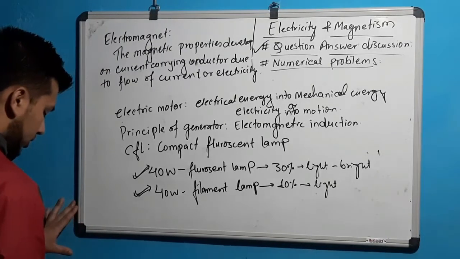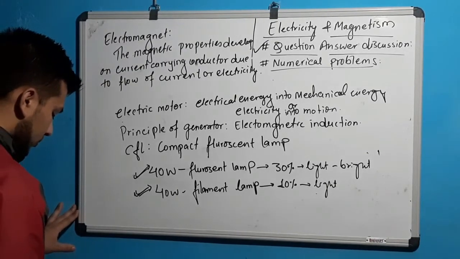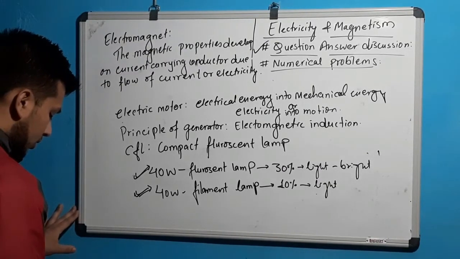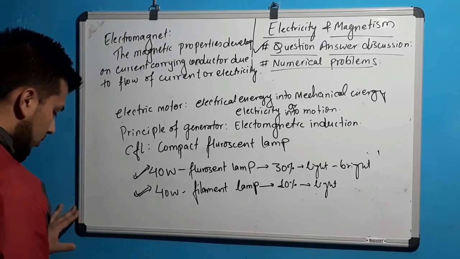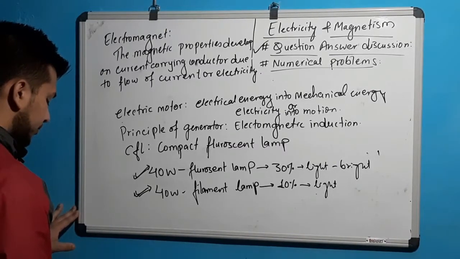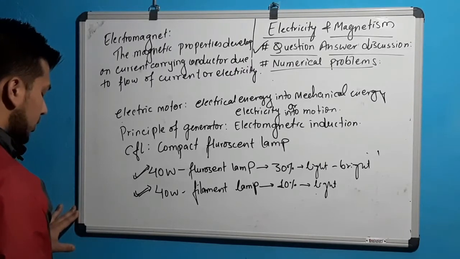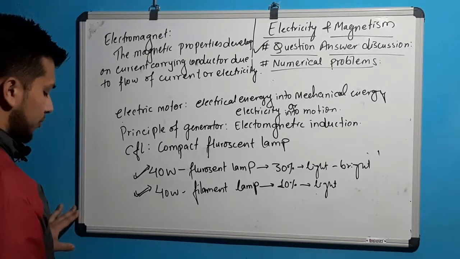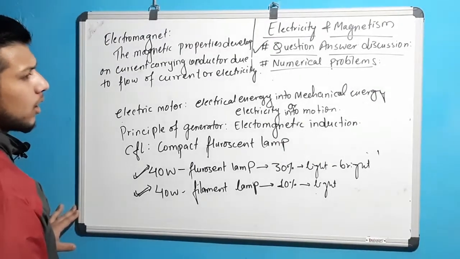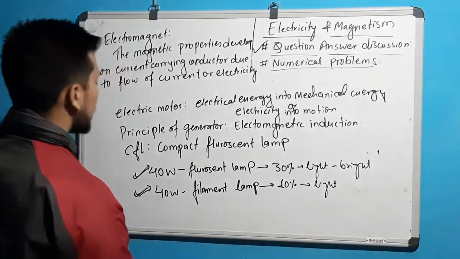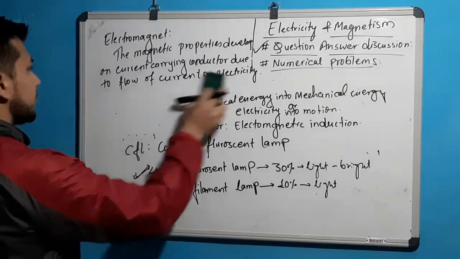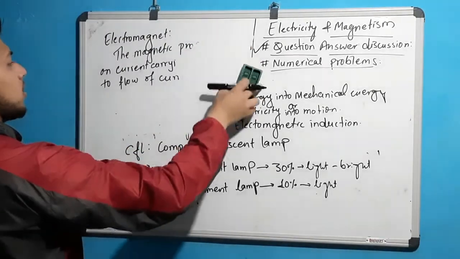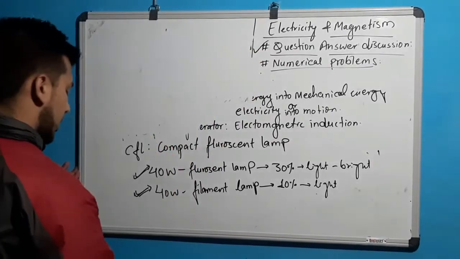And our next question, what is the difference between tungsten and nichrome? Tungsten is a lighting element.